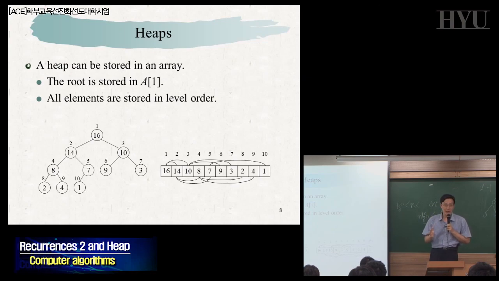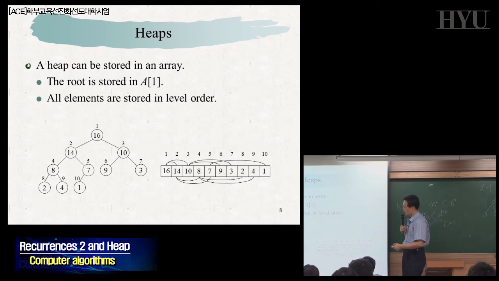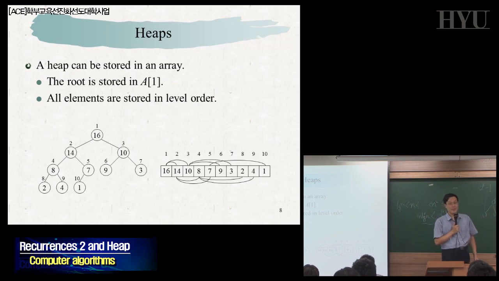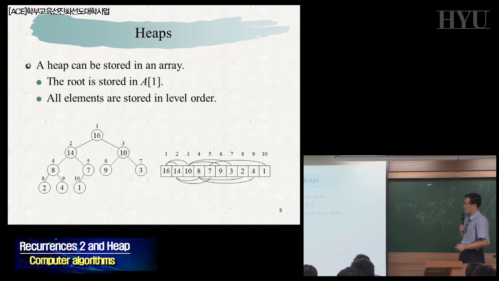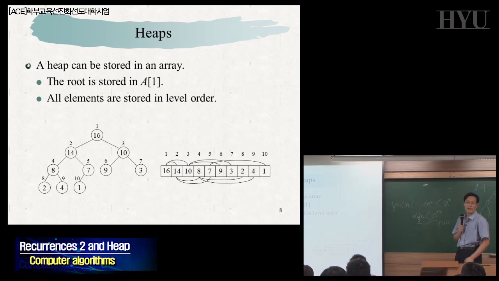So we store the keys in an array. And they are stored in this order: 16, 14, 10, 8, 7, 9, 3, 2, 4, 1.